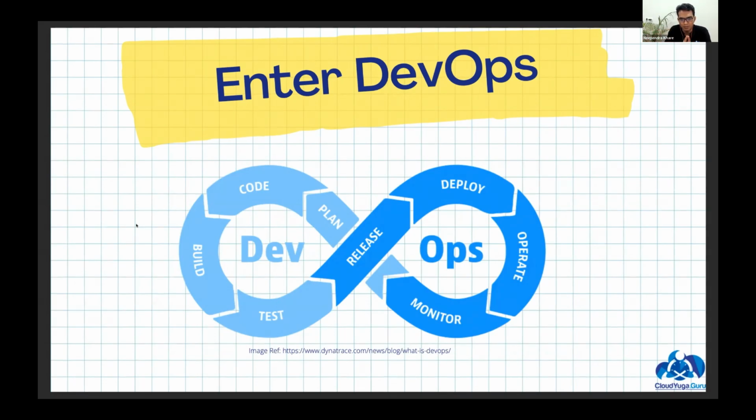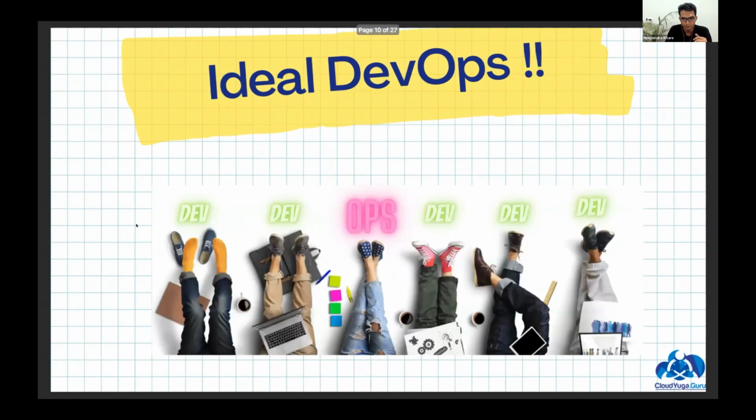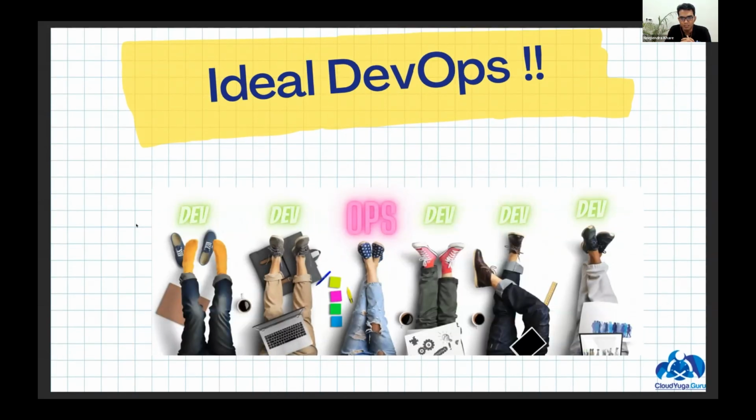But if in the team there is an ops person, they can come and help and work together to make sure that the deployment happens on time, and there's no going back and forth, because this team works together and takes responsibility in a shared manner. This is how DevOps was envisioned earlier, right?